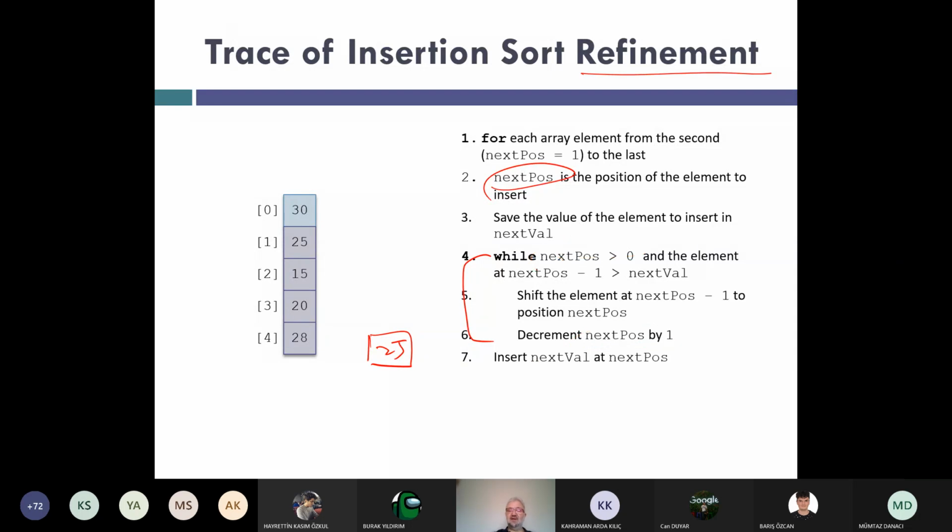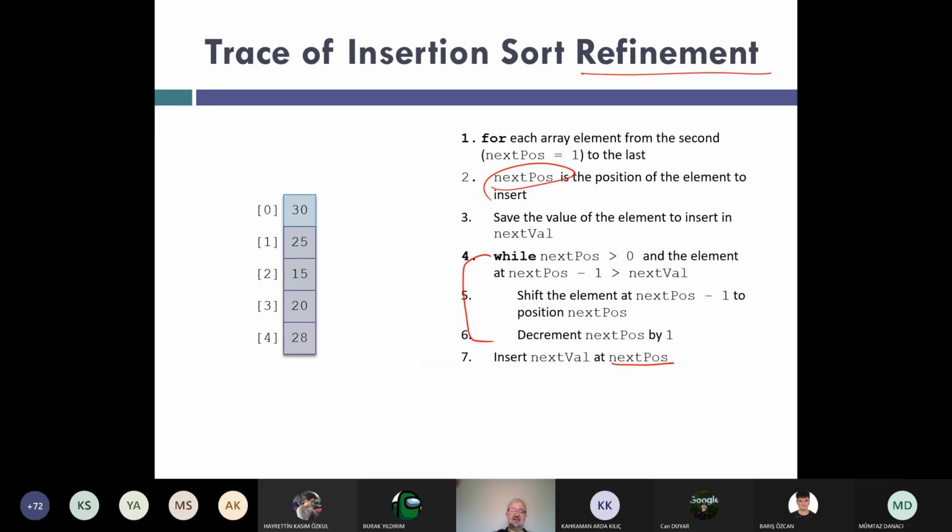So this while loop will terminate if we get to the end of the array, or we find a smaller element smaller than next value. In that case, there's a place opened up, and next value, the element that we put aside, will be saved in that position.